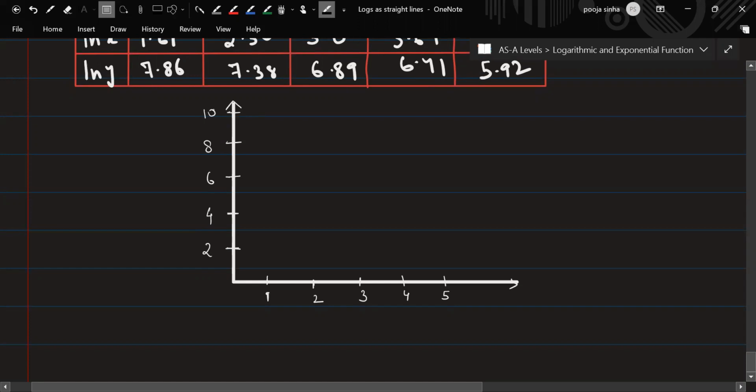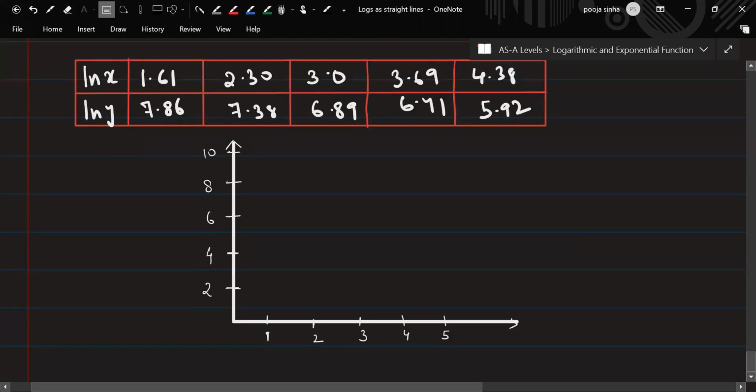So approximately 1.6 and 7.86, somewhere here.